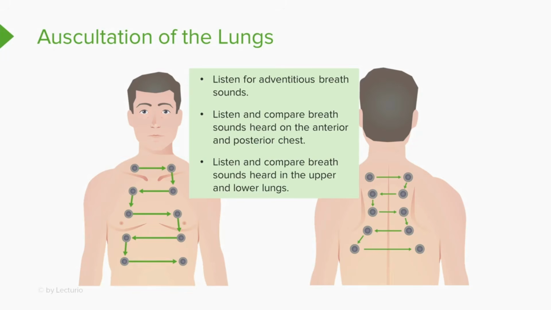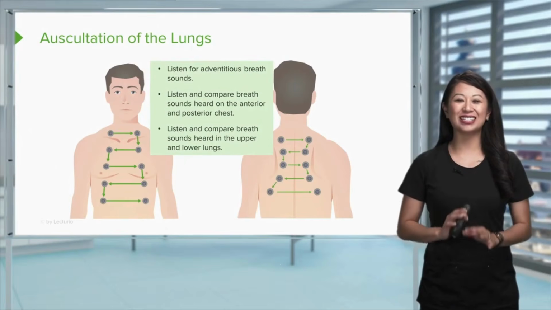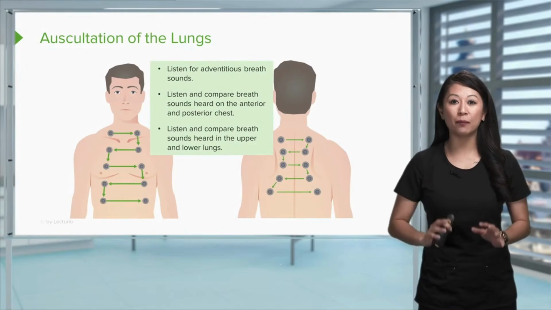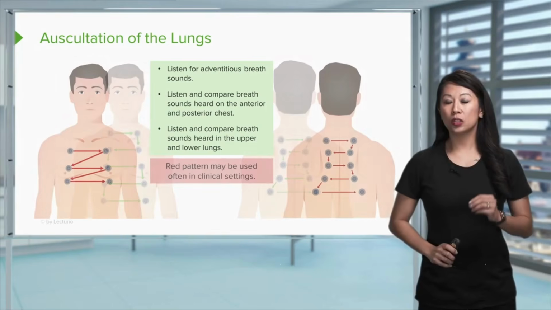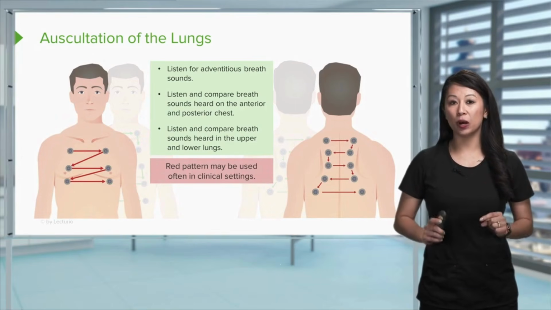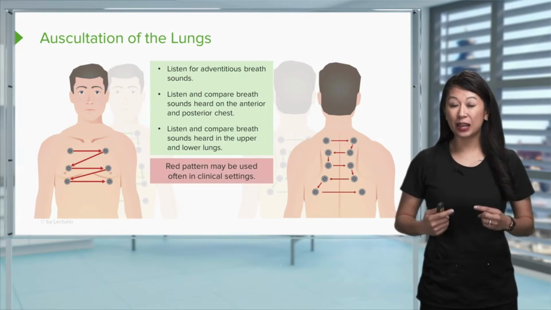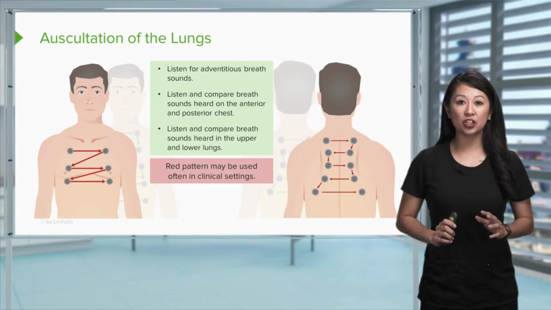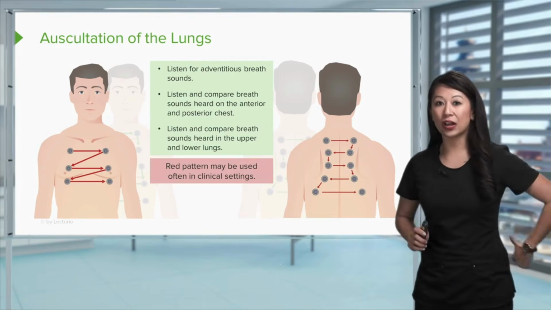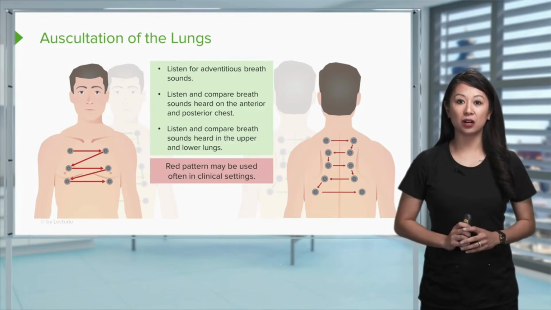It's really important that you compare upper, lower, anterior, and posterior because we need to check for what we call adventitious lung sounds. Adventitious is just a fancy word for abnormal lung sounds. The reason why we want to listen to both upper, lower, back, front, many times you'll actually catch in your pneumonia patients that crackles actually develop in the back and the bases of the lungs.